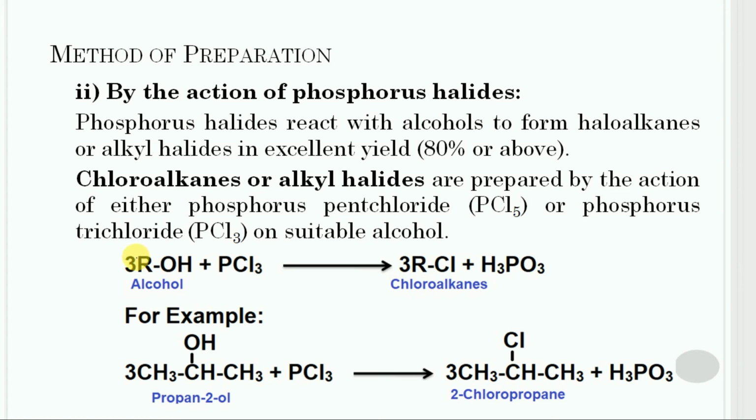In this case, 3 alcohol molecules react with 1 molecule of trichloride and 3 moles of chloroalkane will get formed along with phosphorous acid. So let us consider its example. In this case, propan-2-ol reacts with phosphorus trichloride and 3 moles of 2-chloropropane will get formed.